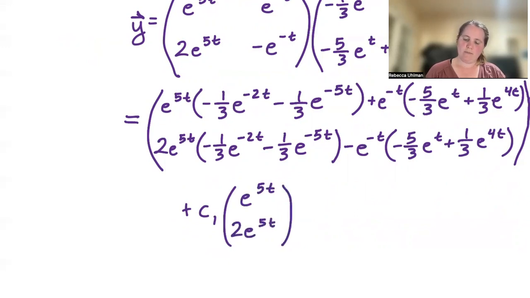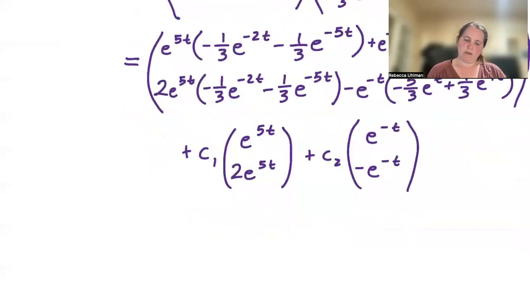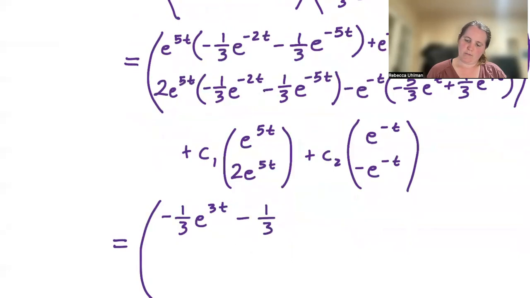Our c2 will multiply the second column, e to the negative t, negative e to the negative t. So doing a bit of simplification, our first row, we are looking at a negative 1/3 e to the 3t minus 1/3 minus 5/3 and then plus 1/3 e to the 3t.